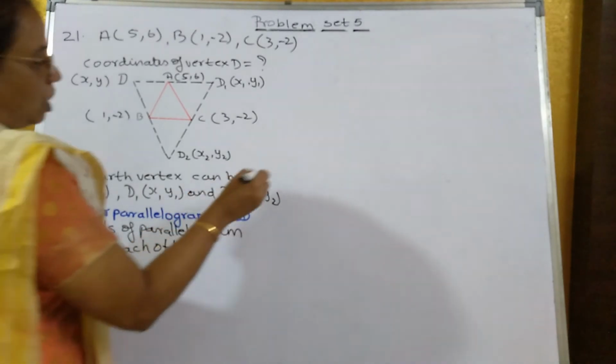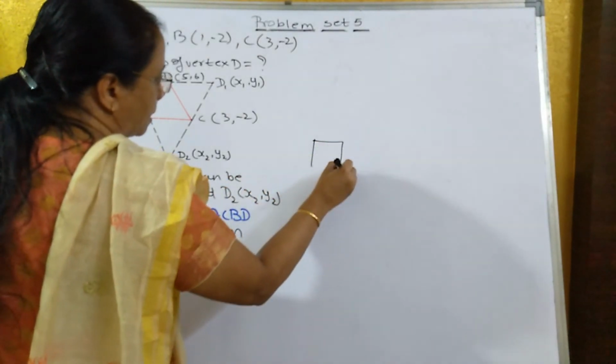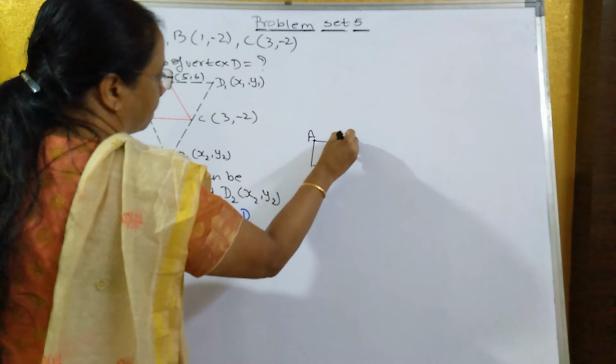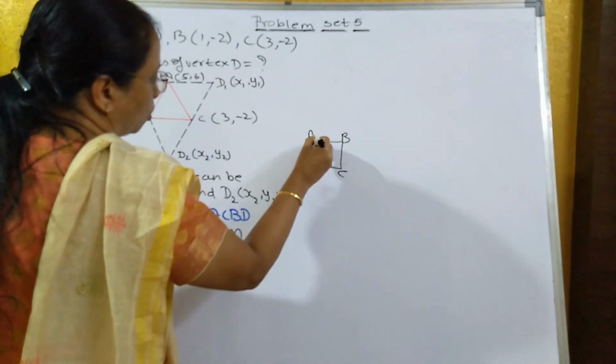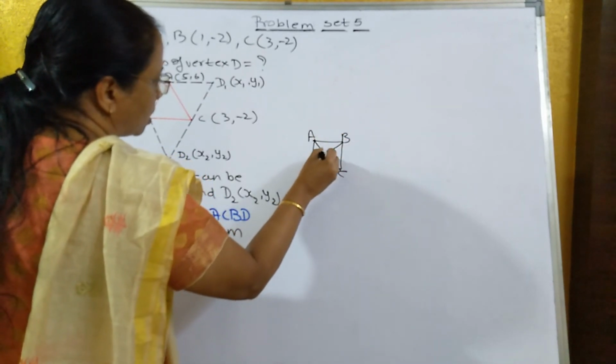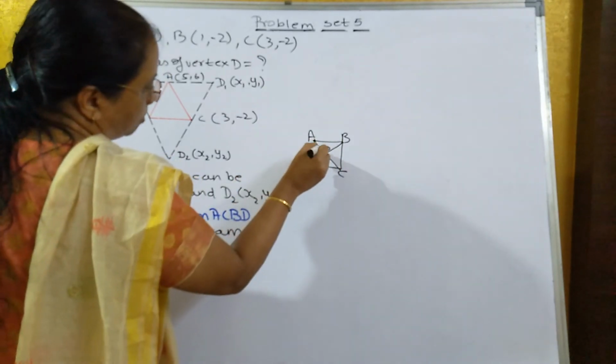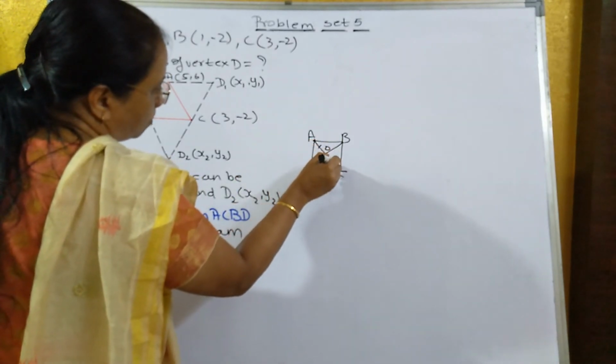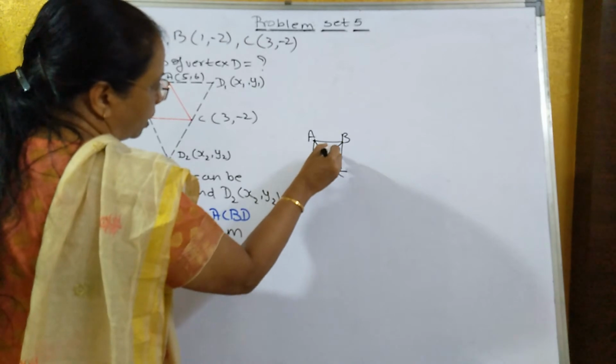Now what is the meaning of that? Supposing a parallelogram is there and both the diagonals bisect each other and meet at the point O. What is the meaning of bisect? That means AO should be equal to OC and OD should be equal to OB.